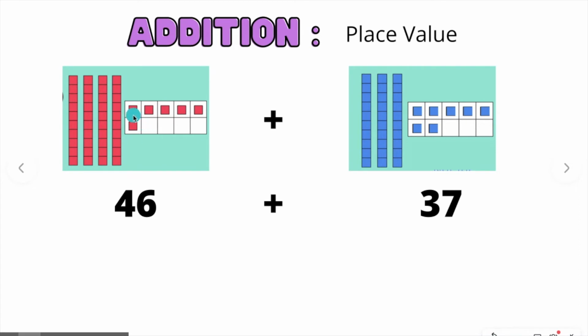If you have the 1s, you would go ahead and use only 6 because this is 46. And now we're adding 37. So how many 10s do you need? You need 3 10s, and then you need 7 1s.